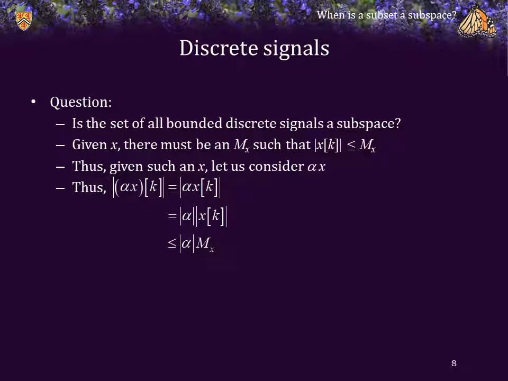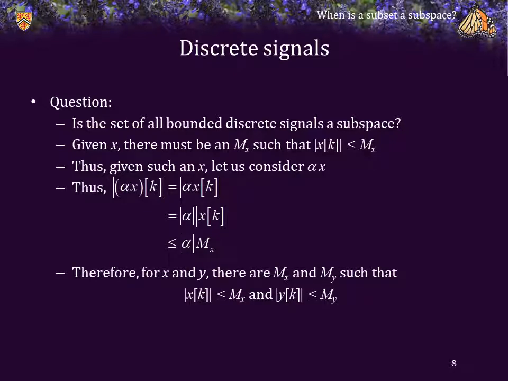But the kth entry is less than or equal to m sub x in absolute value, so therefore the kth entry of alpha times x is less than or equal to the absolute value of alpha times m sub x. Therefore, given any specific alpha, alpha times x is bounded by the absolute value of alpha times m sub x. Now, alpha may be very large, 1 million, 10 million, a trillion, but it is still bounded.